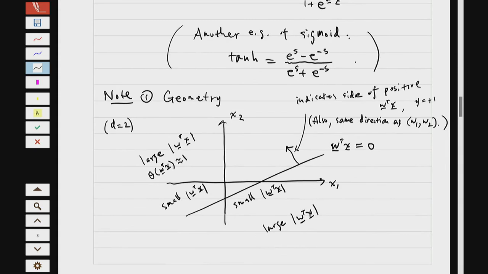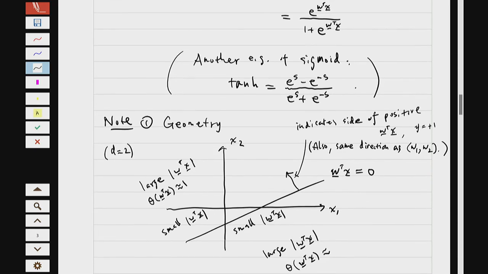Here, when we have large magnitude but it's negative, what is theta equal to? 0, right? It's negative, and then you get a very small number divided by 1. So you get approximately 0 probability.